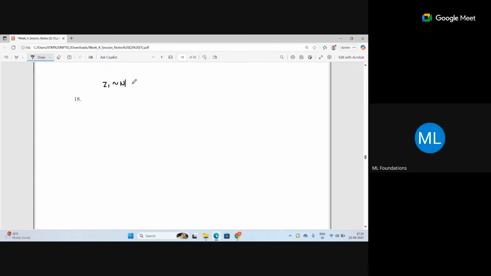Okay, so before going there, let us say you have random variables like this. Z1 is normally distributed with mean 0 and variance 1. Again, there is another variable Z2 which is normally distributed with mean 0 and 1. And like that, you have Zd. So you have D such variables, and all of them are zero-mean random variables.